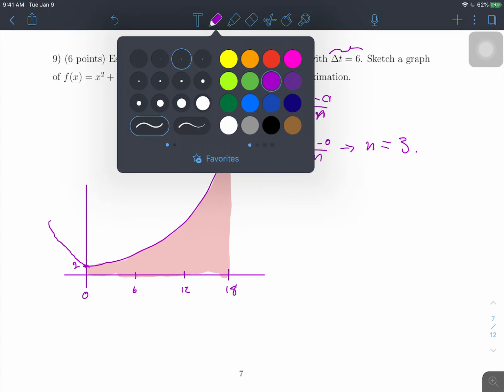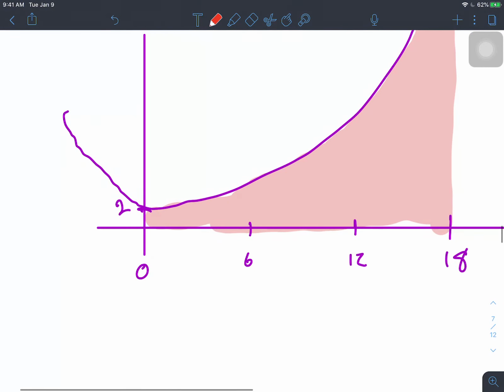So in our case, we're going to take this point, which is on the left-hand side of our first interval, and we are going to extend it. We're going to compute this area. And we're going to take the height on the left side of the next interval and extend it.